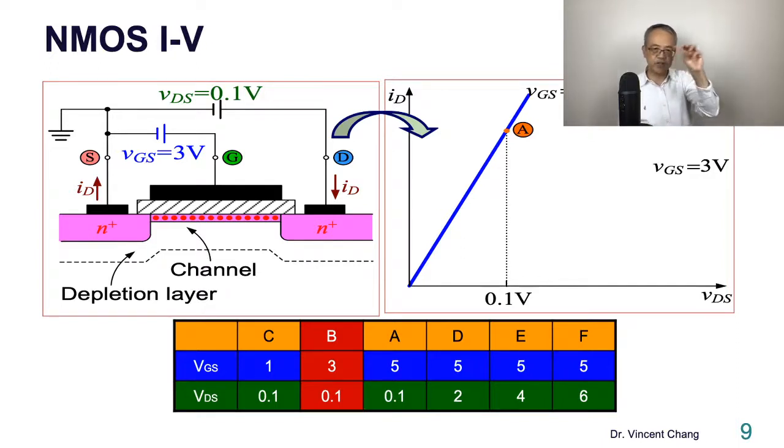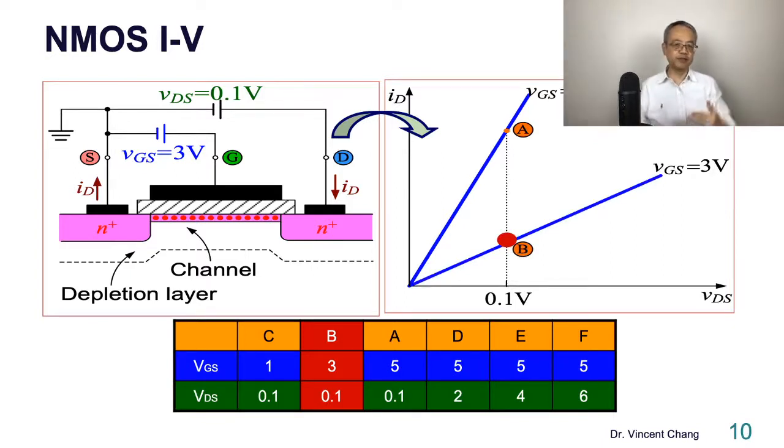Then the surface electron concentration will be lower. In other words, the channel depth will become smaller. The resistance will become higher, the slope will become lower, and the current will be reduced. So from A to B, VGS goes from 5 to 3.